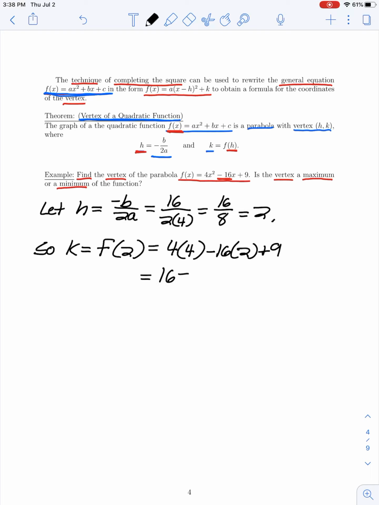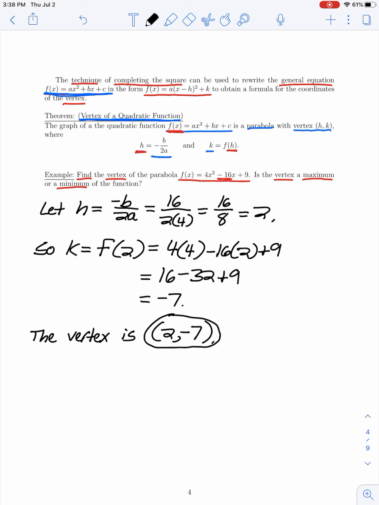So that gives us 16 minus 32 plus 9, which reduces to negative 7. So here the vertex of this parabola is the point hk, where h was 2 and k is negative 7.